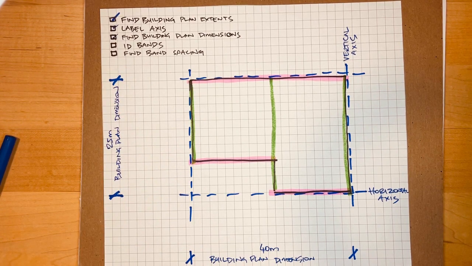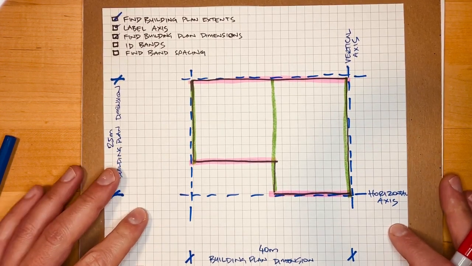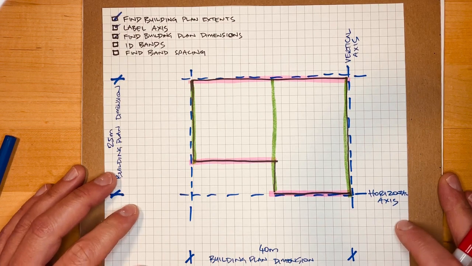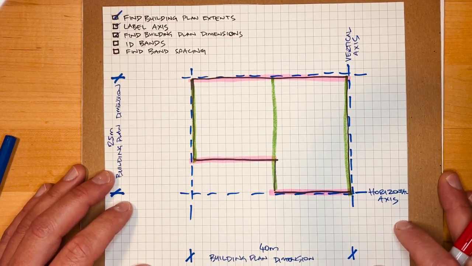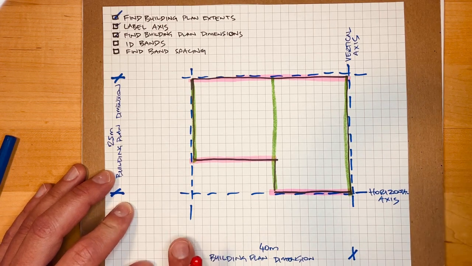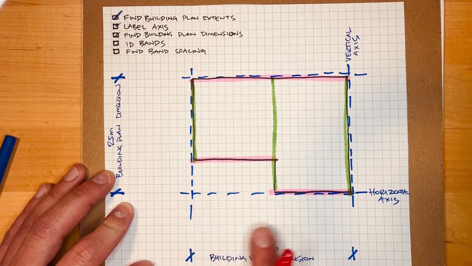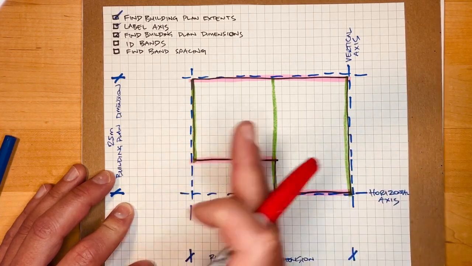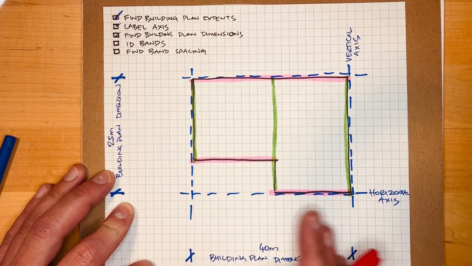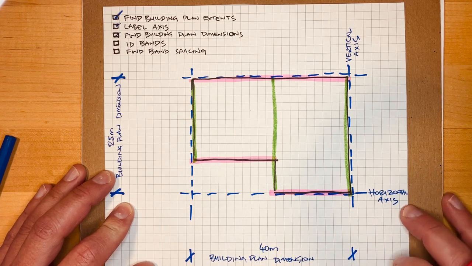To do that, obviously, we need to know where the bands are, and then we need to start labeling them. This is important for the calculator to make this distinction. The process is set up in the calculator so that all the bands that are identified along the horizontal axis, in that case, all our green bands that are running vertically, so they're along the horizontal axis, are labeled in the calculator numerically.